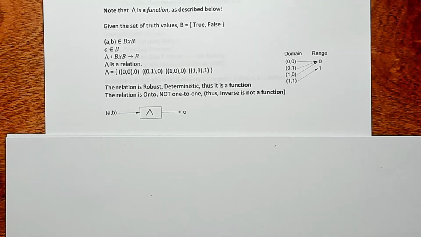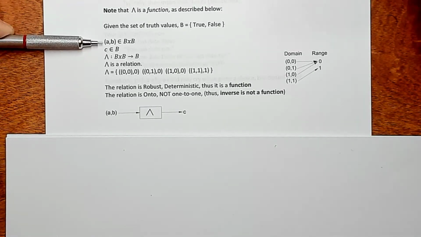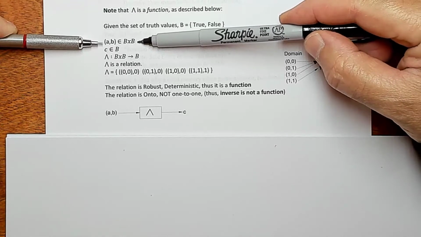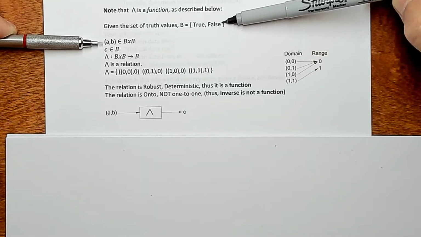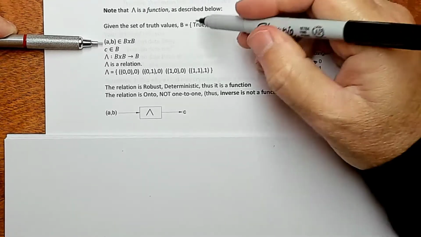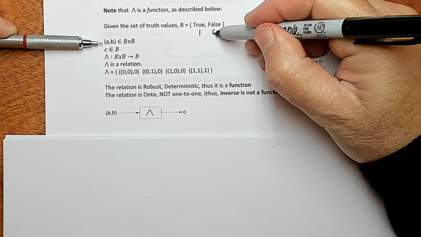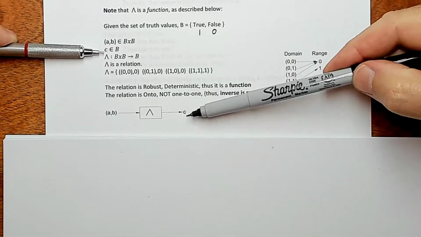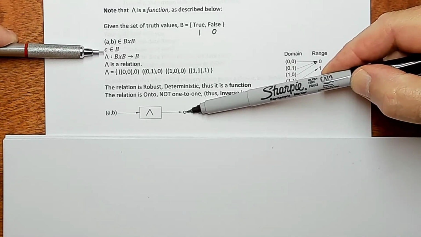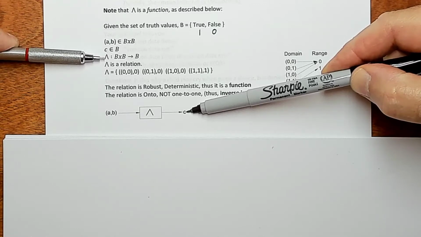So in set theory notation, we have the ordered pair AB is an element of the Cartesian product Booleans crossed with Booleans, right? Where Booleans are just true-false values or ones and zeros. And the output C is a single true-false value. And conjunction is a function that maps B cross B back into B.